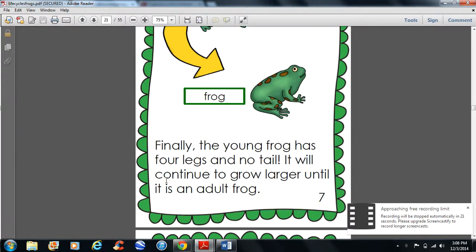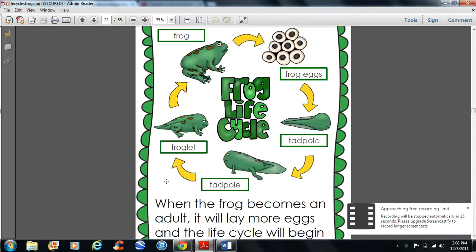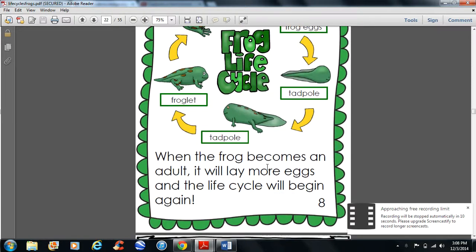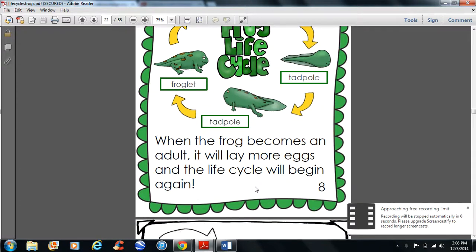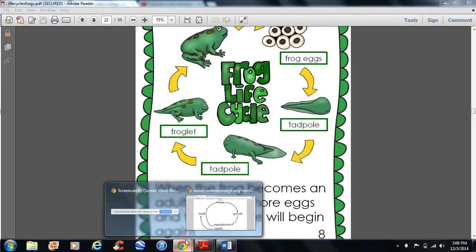Finally, the frog has 4 legs and no tail. It will continue to grow larger until it's an adult frog. And as you can see, here's our life cycle. When a frog becomes an adult, it will lay more eggs and the life cycle will begin again. Okay, remember to bring your papers to class and we will be going over them.